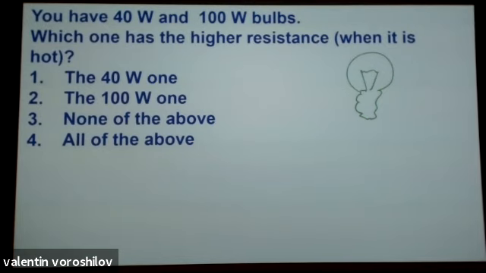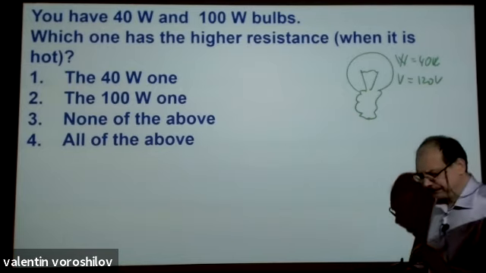And what do we know about this bulb? Well, the wattage, we can read it on the top. It says 40 watts, for example. And the voltage is also on the top. It says usually 120 volts. Now, again, remember, we talked about it once.